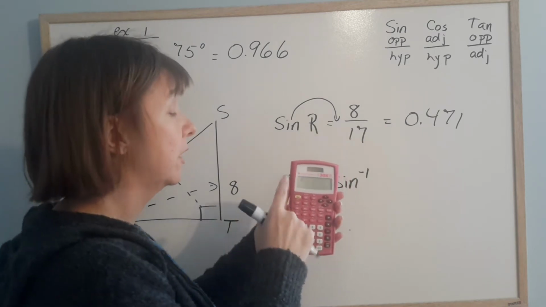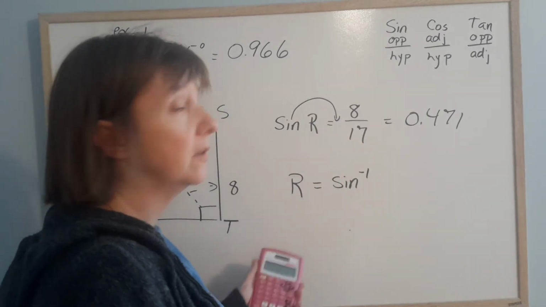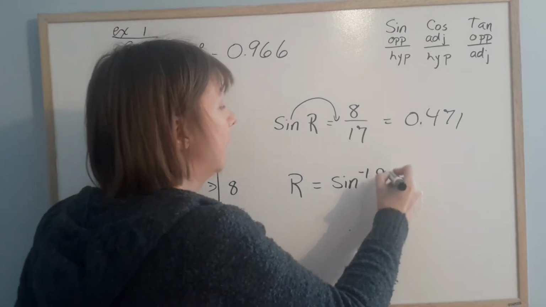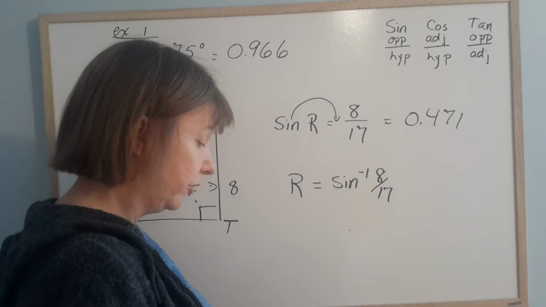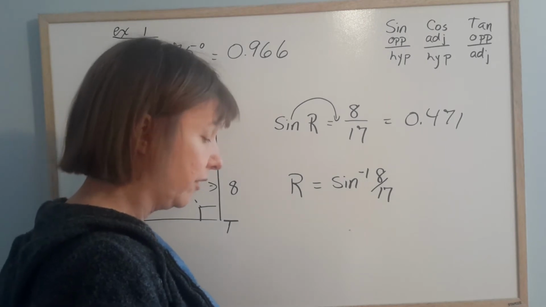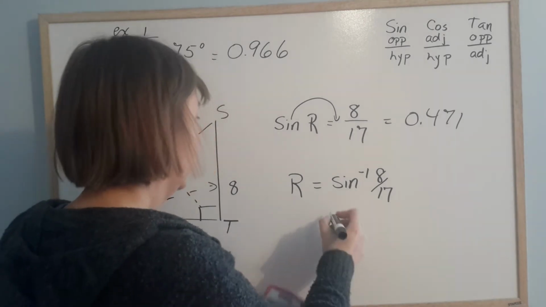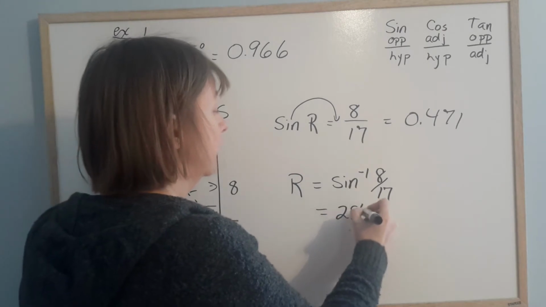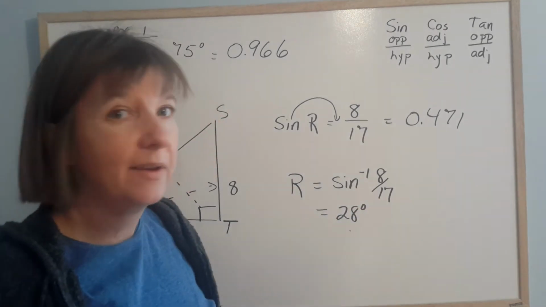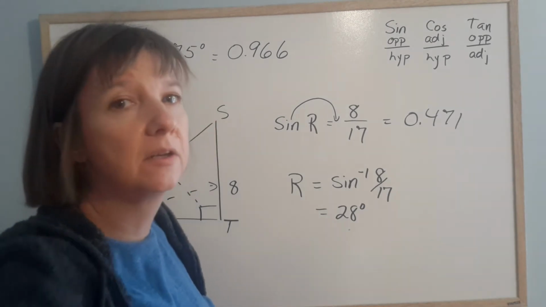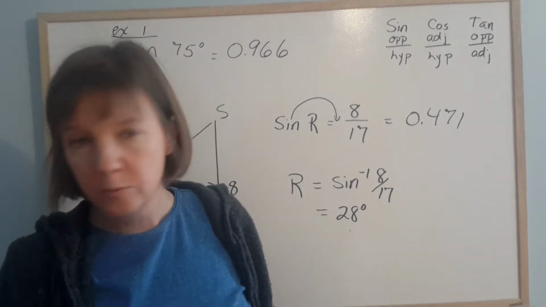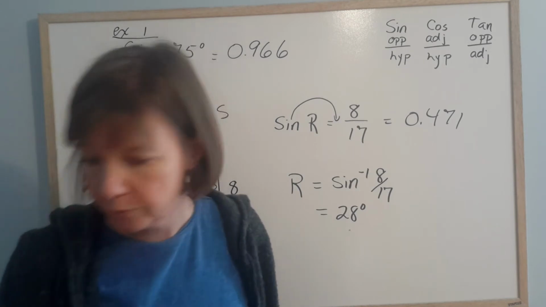It usually is in the top left-hand corner of your calculator. So you're just going to do arc sine of 8 over 17. So if I do shift sine of 8 over 17, it tells me that it is 28 degrees. So again, same as yesterday, just with the sine button instead of the tan button. So easy. I got 2 more examples to do, and that's it. We'll be done for the day.